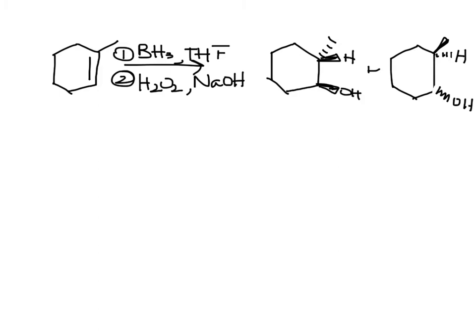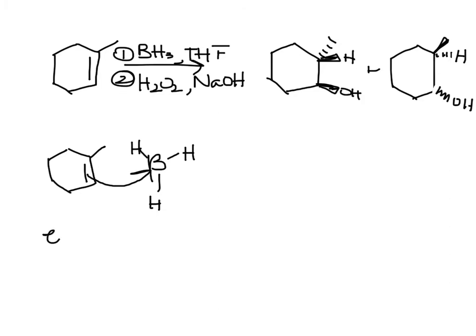Just to show you the mechanism of this reaction, we have our asymmetric alkene. In the first step, we add our borohydride.